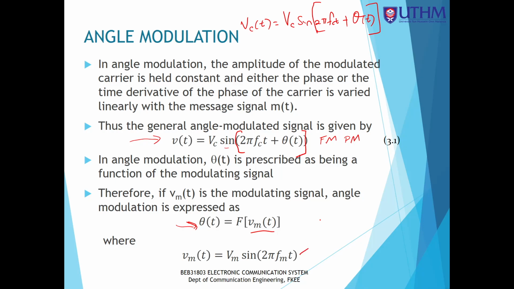For your information, if you read other literature books, because the sine function is from Wayne Tomasi's book, you will find that they use cosine: Vc cos (2 pi fct plus theta t).